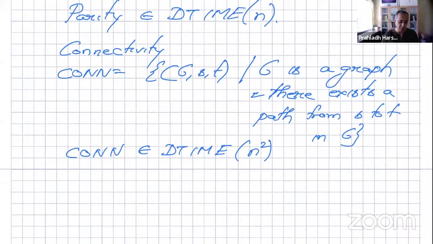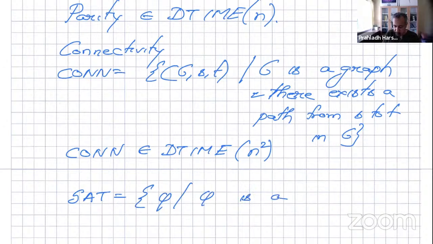Somehow these led to what is called the class P. That is, if these running times are small. For example, what's another problem? SAT, where phi is a satisfiable CNF formula.